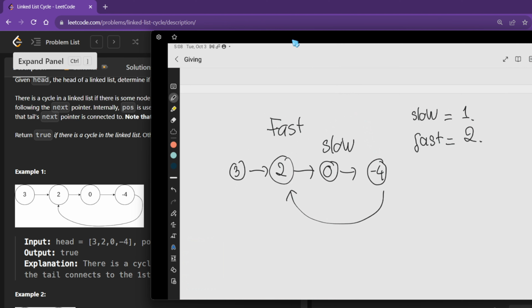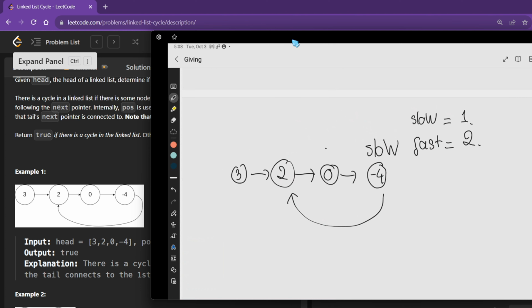And continuing, the slow will be at this point, and the fast is now moving two steps, which is 1, 2. So right here you can see when the fast and slow pointer meet each other, it detects that the linked list has a cycle.